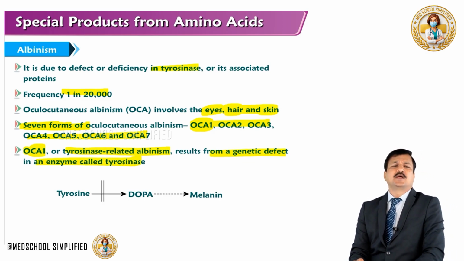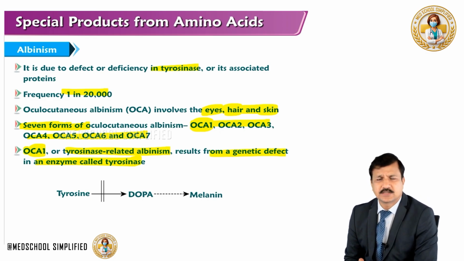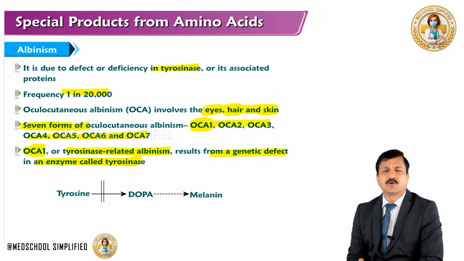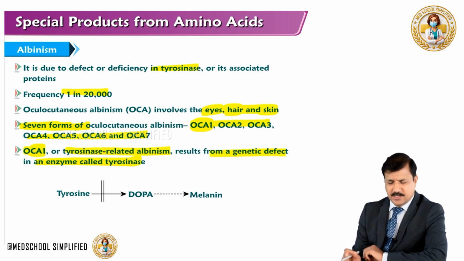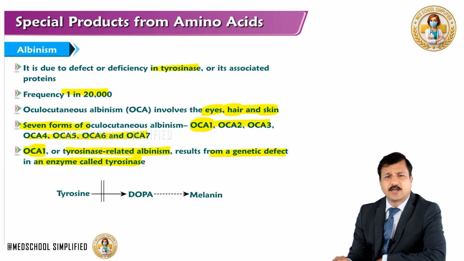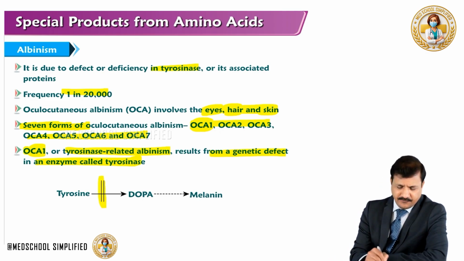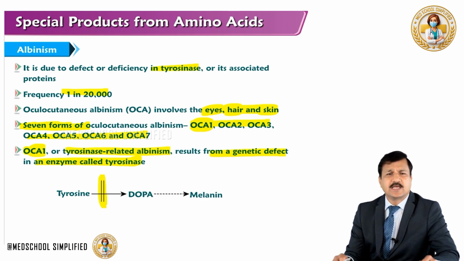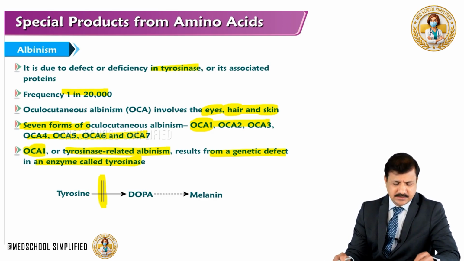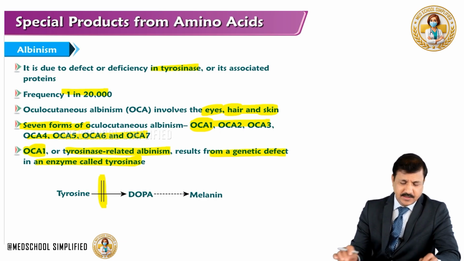Majority of the time, this is the one that is commonly given in the books and commonly tested, but that doesn't mean that other details are not tested. The tyrosinase enzyme is involved in the conversion of tyrosine into DOPA, with DOPA further going into melanin formation. So a defect in the tyrosinase enzyme will give rise to OCA1, or oculocutaneous albinism type 1.